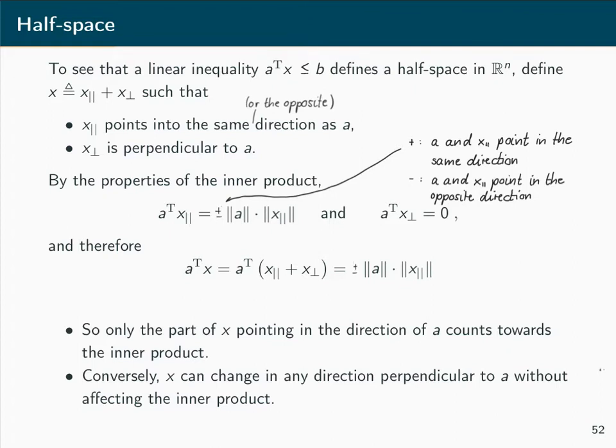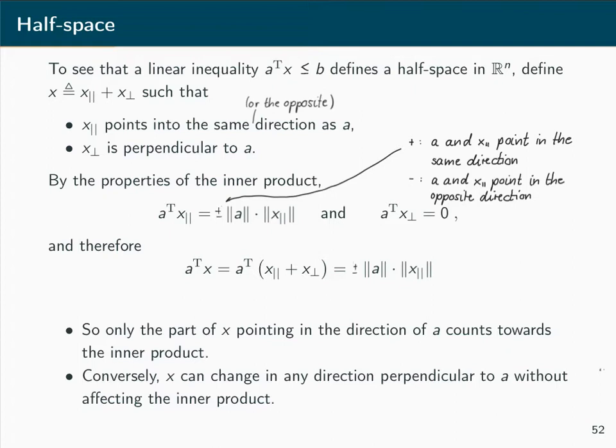By linearity of the inner product, we therefore have that A transpose times the sum of these two components is equal to the two inner products, so A transpose x parallel plus A transpose x perpendicular, where the second term is 0, and hence we're only left with this first term, where the plus or minus again depends on whether A and x parallel point in the same direction or in the opposite directions.